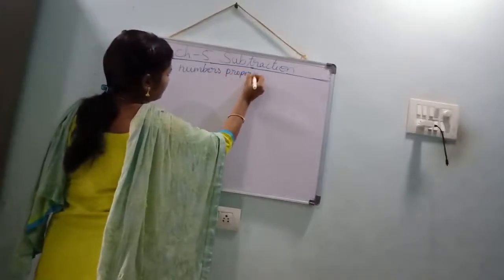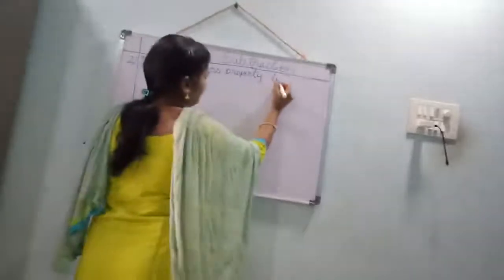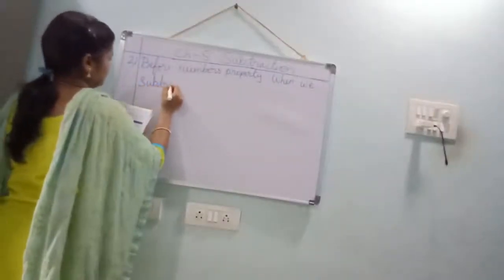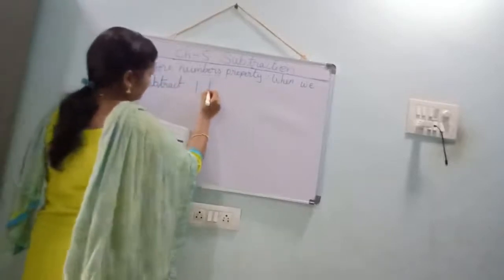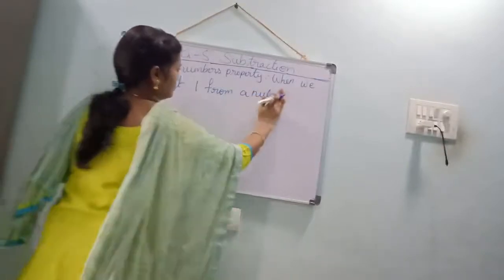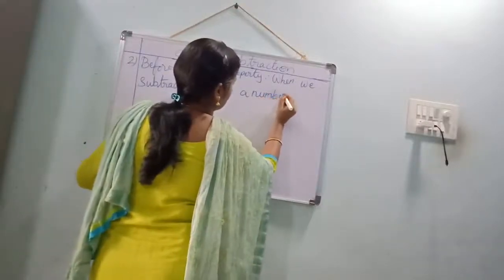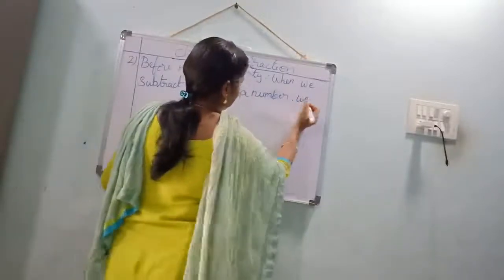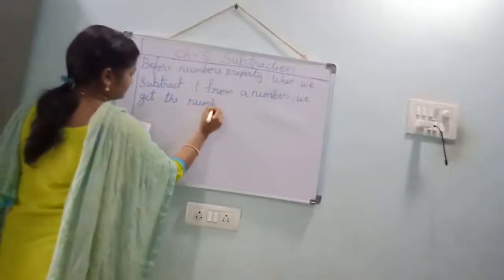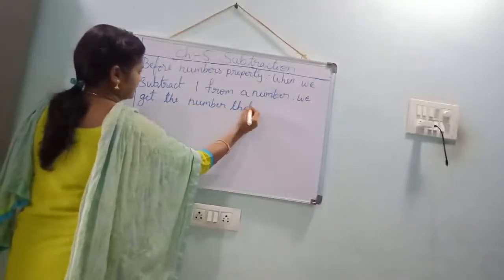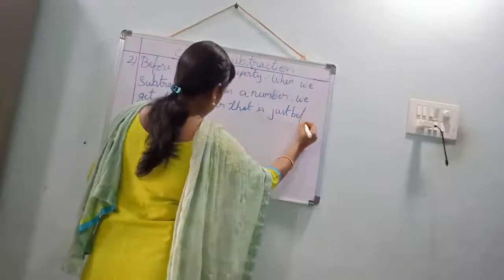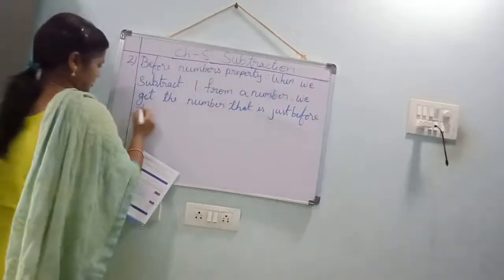See, when we subtract one from a number, we get the number that is just before it.